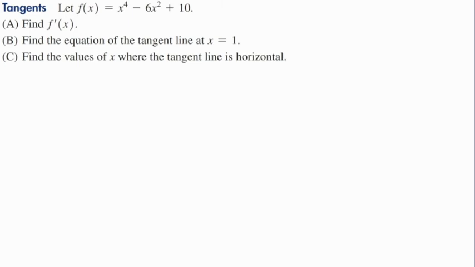Here we have a question asking that we write the equation of a tangent line. They gave us a function, and now we have to find its derivative, because the derivative calculates the slope of a tangent line. Derivative is used to measure rate of change.